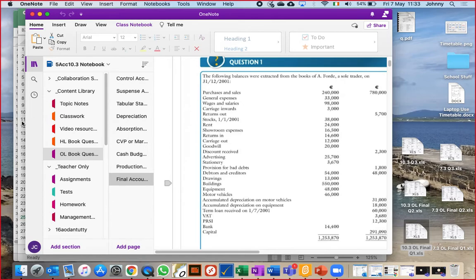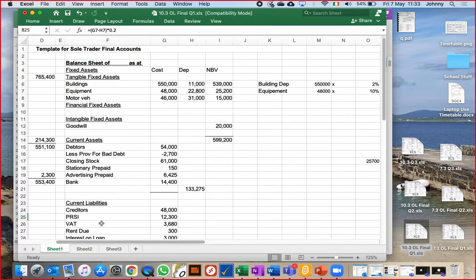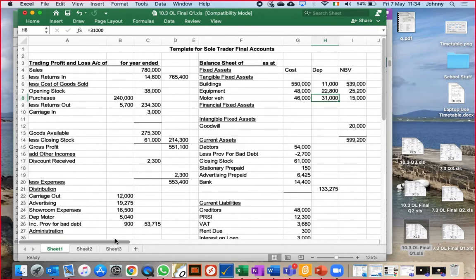I have to add on to the 31 grand the 5040 depreciation. Have I done that? I haven't. And that's where my mistake is. The 31 grand is the figure we had at the beginning, plus the 5040 depreciation for this year, which is the number that I have over here. I forgot to put that in. So I'll put that in there. So that's 36040. And that should make my balance sheet balance.